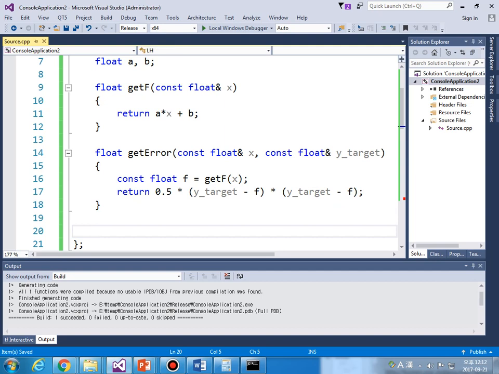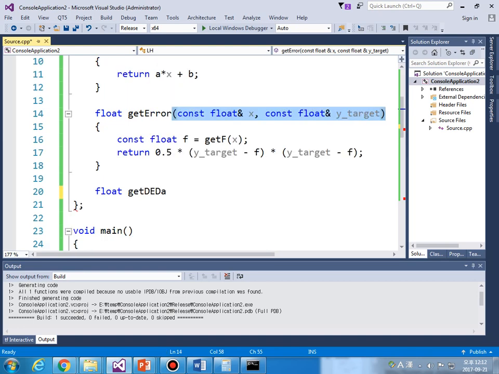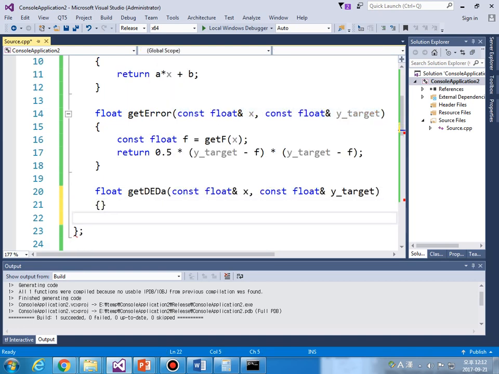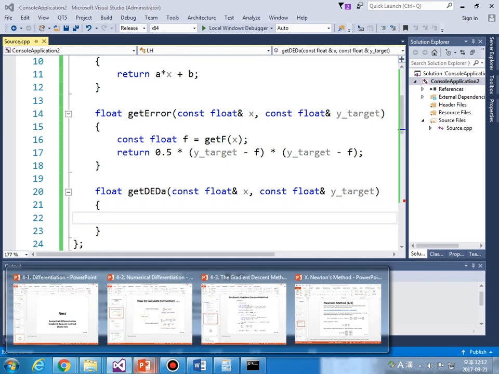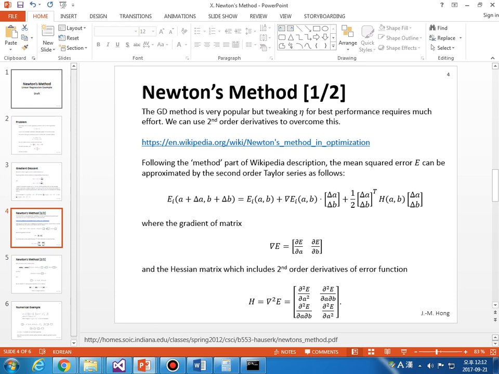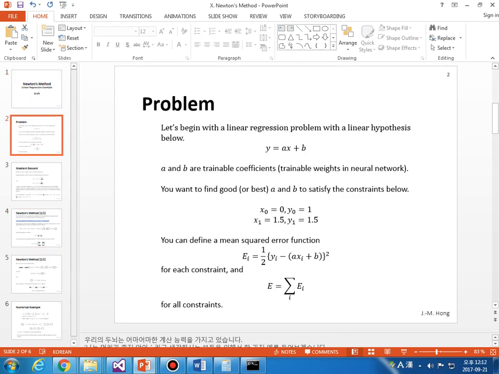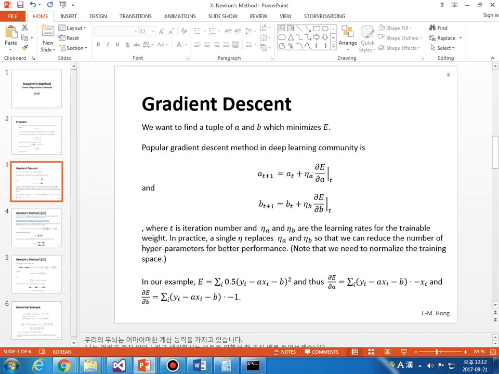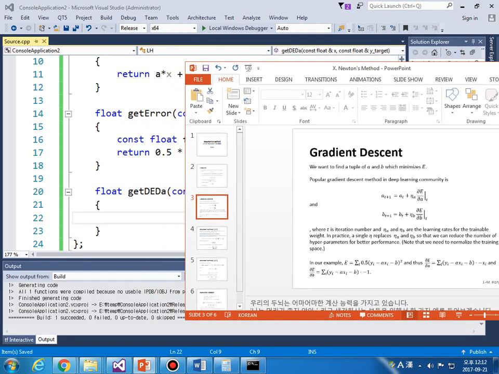And we also need gradient of error. So get dE dA maybe. So let's copy it. So what was that? So y minus ax minus b, minus x gradient.